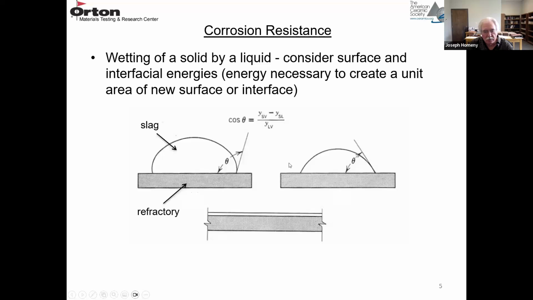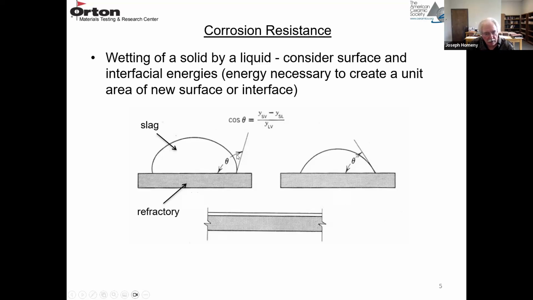So the solid vapor, the liquid vapor, and the solid liquid, those are three interfaces. And these interfacial energies, you could consider them as the energy necessary to create a unit area of new surface or interface. Surfaces and interfaces have higher energies than the bulk of the material because of unsatisfied chemical bonds.